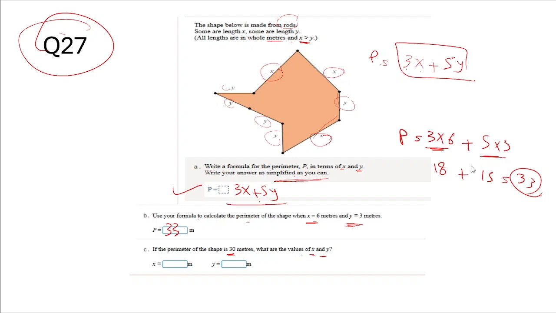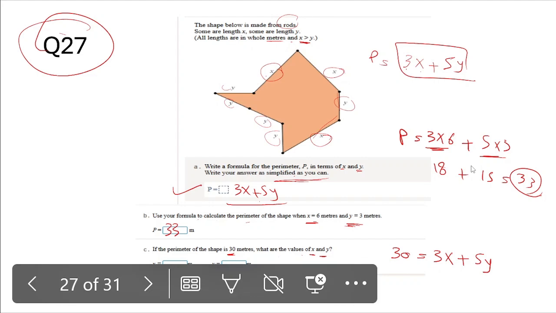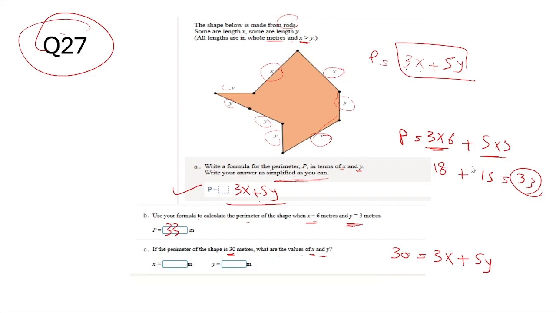Okay? Now, if the perimeter of the shape is 30 meters, what are the values of x and y? So it's saying the equation 30 would be equal to 3x plus 5y, right? This is what we get here. So now we need to get y and x. How to get y and x in this equation?